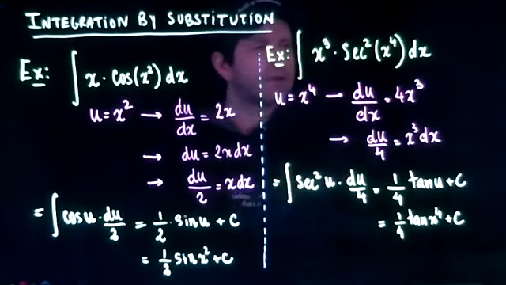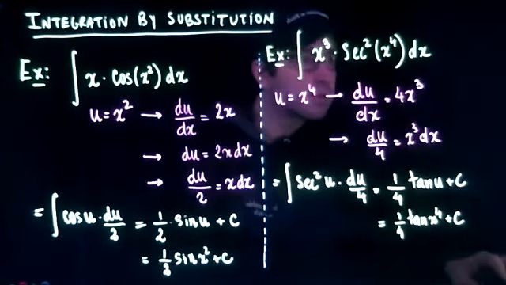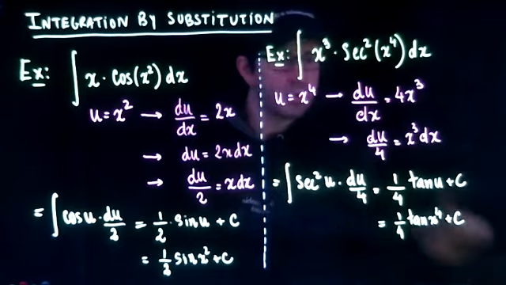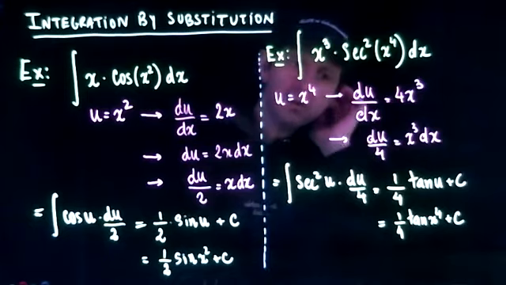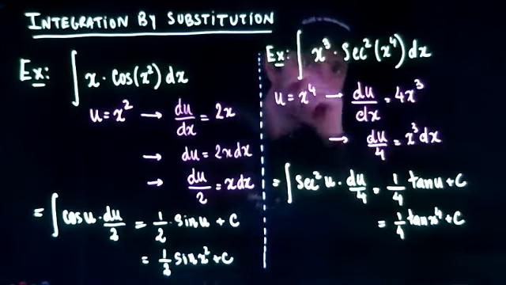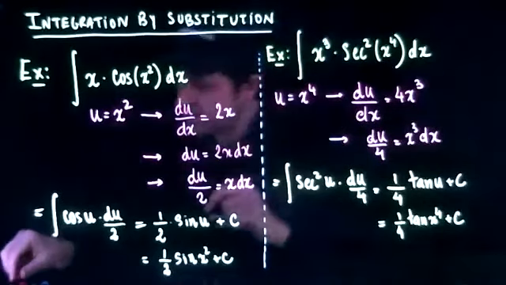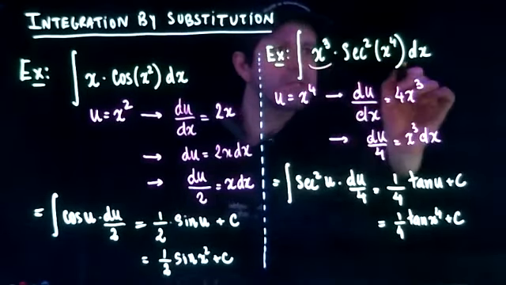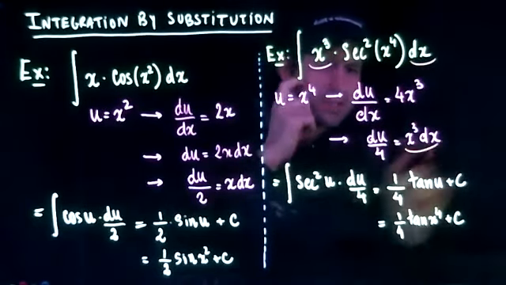I have a question. Where did the x cubed go? Why didn't we just exclude it in the second one, when we rewrite? Because here I have x cubed times dx. You see it on top here? I'll highlight it. So x cubed times dx is exactly equal to du over 4.